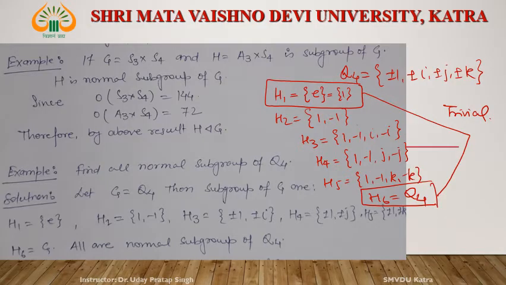And except these two, all are known as non-trivial subgroups. It means Q4 has 4 non-trivial subgroups and 2 trivial subgroups. Every group has 2 trivial subgroups, right? And in fact, they are normal also.